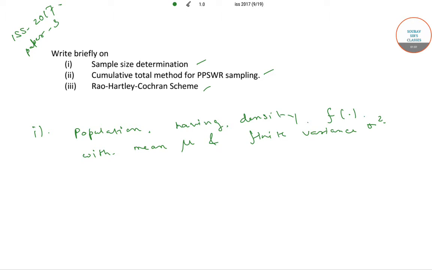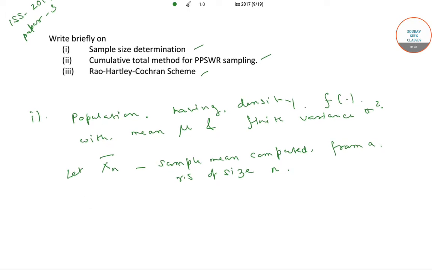Now let X n bar be the sample mean computed from the random sample of size n from the said population.